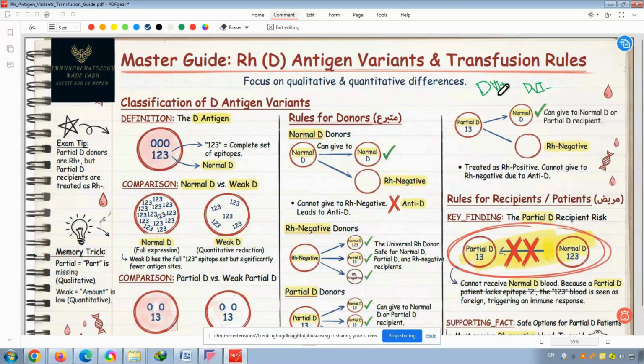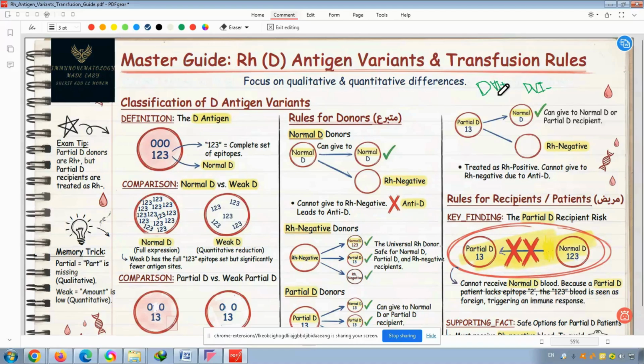Let's apply this. If we are testing a donor's sample, what do we want? We want the reagent to detect this type and tell us that the donor is positive, so we can dispense this unit to a positive patient, as we said. But on the other hand, it's the opposite.